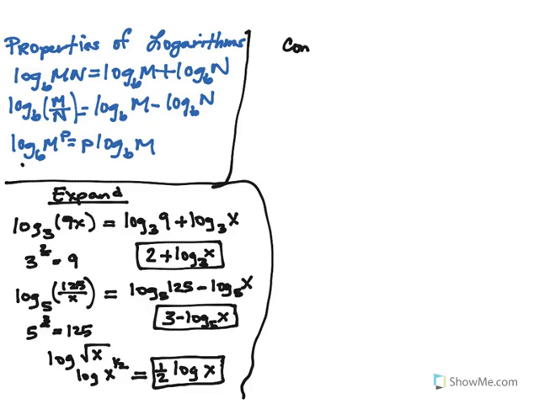Okay, so next we are going to condense. When we condense, we are condensing it down into a single logarithm. Condensing means we're going to condense it down into a single log term. First of all, if you have coefficients, those coefficients condense into exponents.